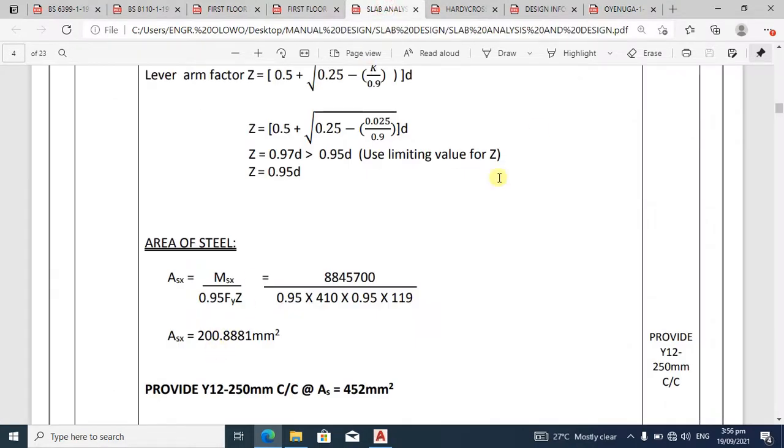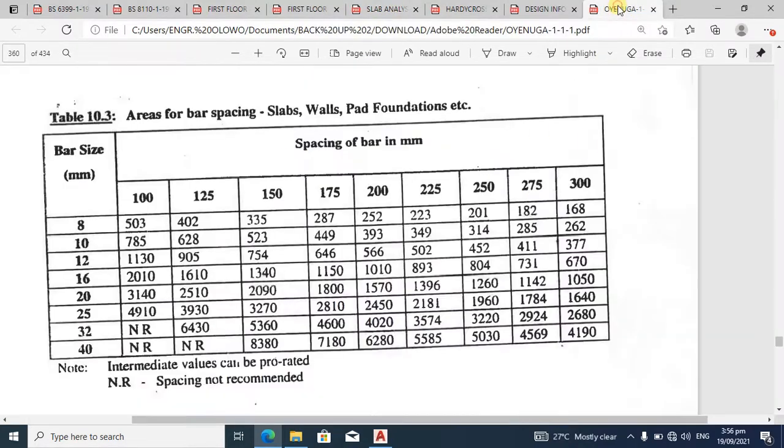in our calculation. In this case, the closest value we have here is 377 millimeter square, and the spacing for this area of steel is 300. What we have here is spacing. All these 100, 125, 150 down to 300, they represent the spacing of the reinforcement.